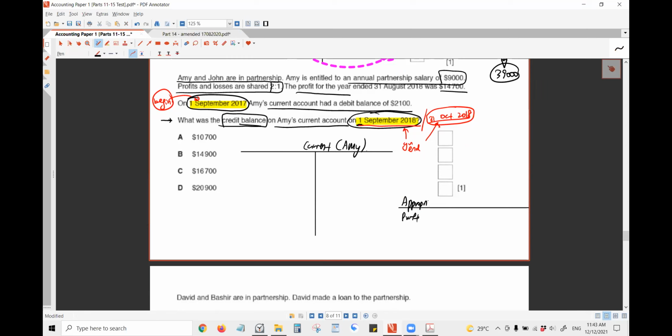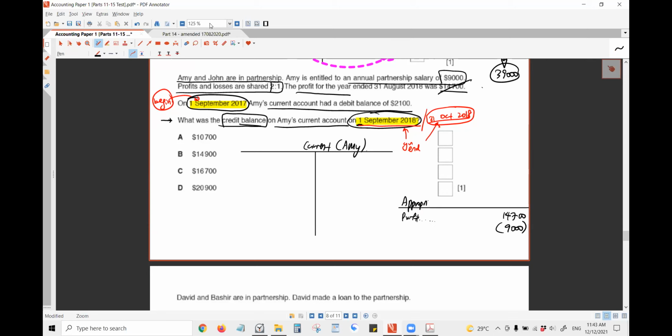You start with profit for the year, 14,700. Then, once you have used it, remove it. Then you minus the partner salary, 9,000. In this question, there's no interest on capital and no interest on drawing because we don't see them here. If you have them, you have to include them in your appropriation account.